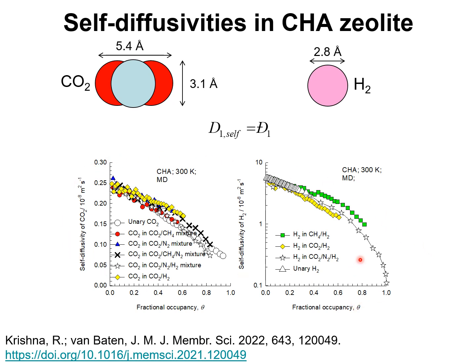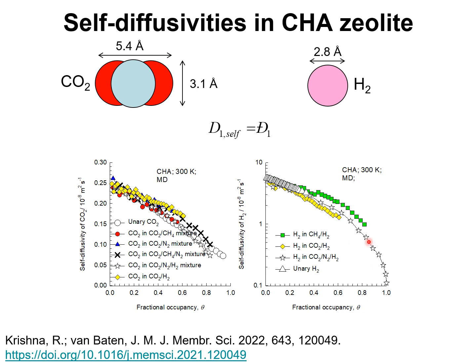Data such as plotted here hold for other gas molecules and also for other 8-ring zeolites such as DDR, LTA, ERI, and further details can be found in this publication.